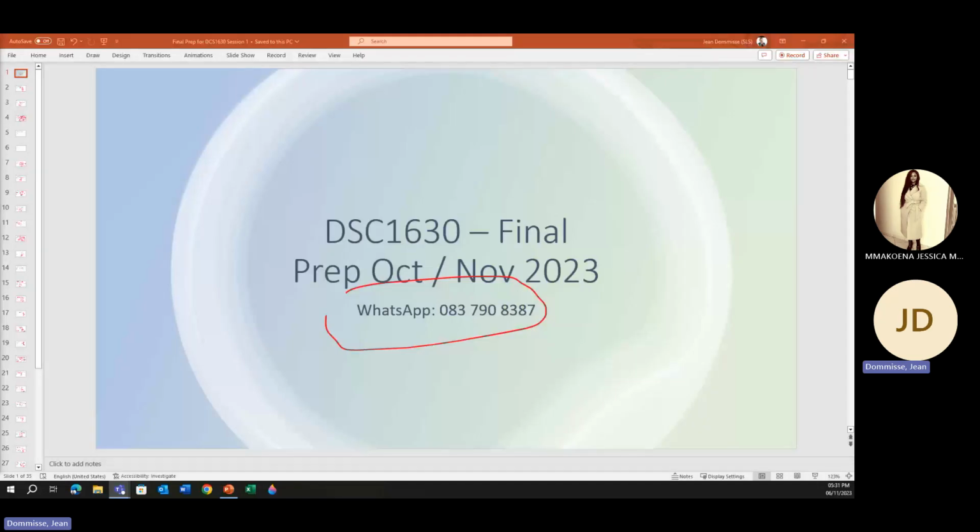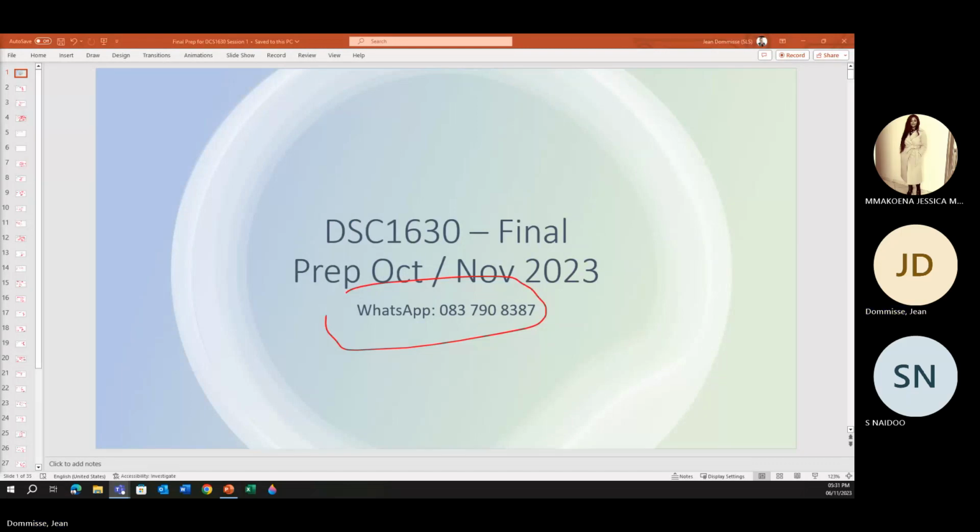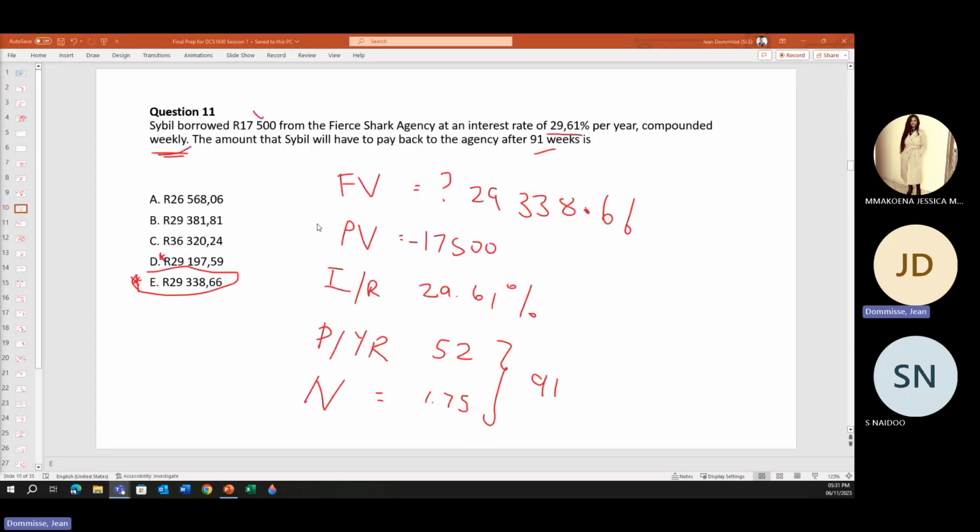Let's get to the last part of this paper and your prep so that you guys are ready for your exam. Let me just get to the pieces that we still need to do.